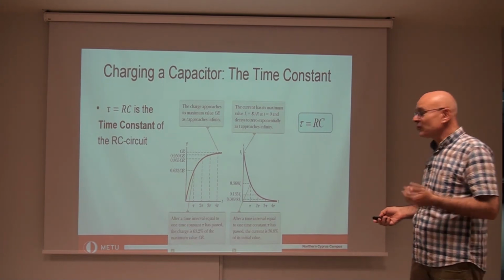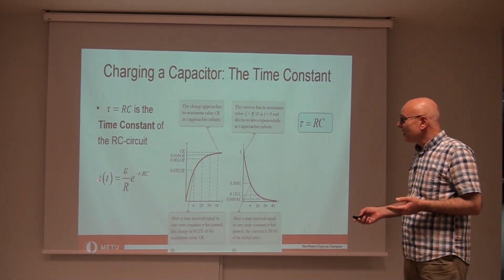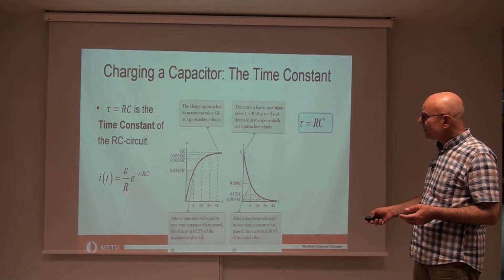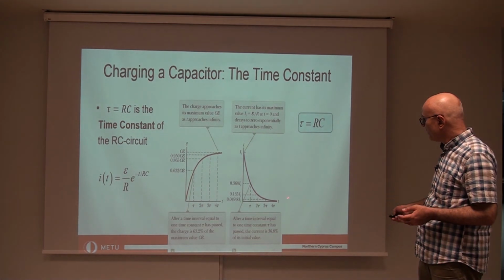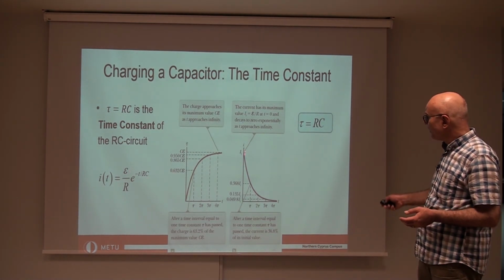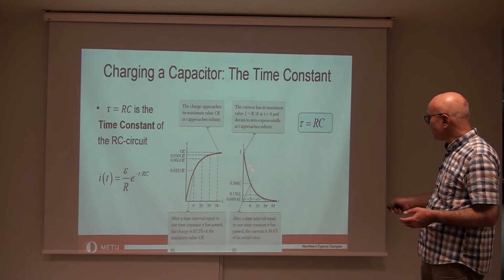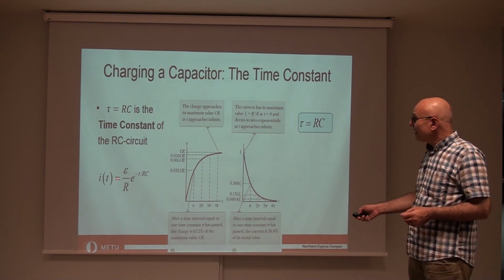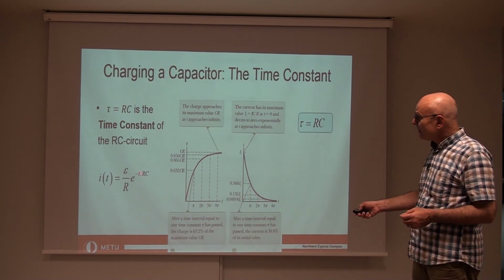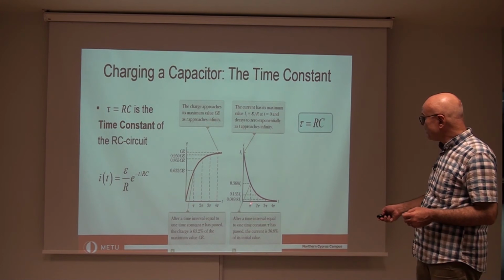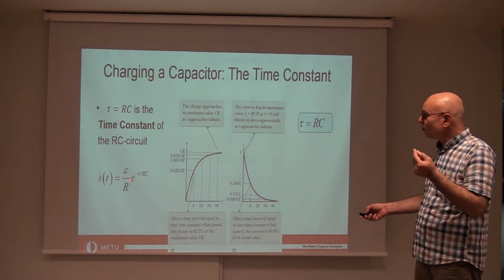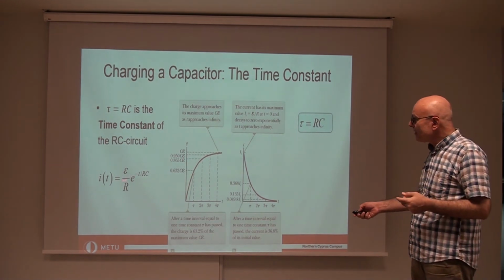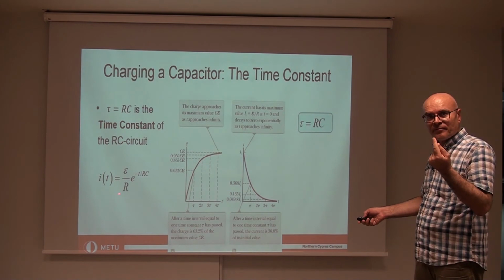To see how it does so, let's look at the current first. This curve is just a plot of this function. If you plot this function, this is what I get. At t equals 0, it is E over R, which is I initial, and then it ends up at 0. Now, when t is equal to RC, that is, when RC seconds have passed, this quantity becomes e to the minus 1.